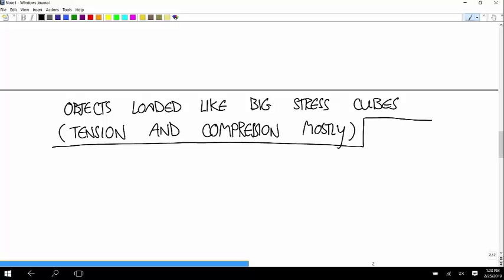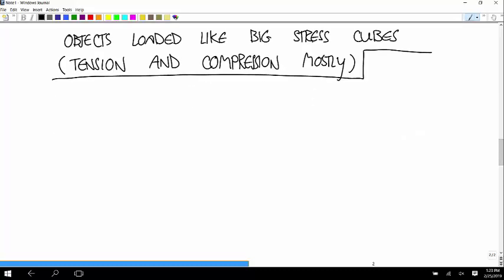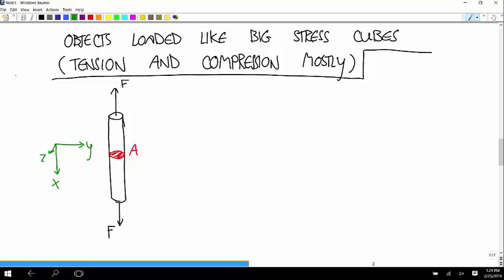Okay, so if you have an object that has forces applied like this, and this cross-sectional area is A, and let's say that we have a coordinate system like this with the x-axis along the loaded axis, y-axis, z-axis.